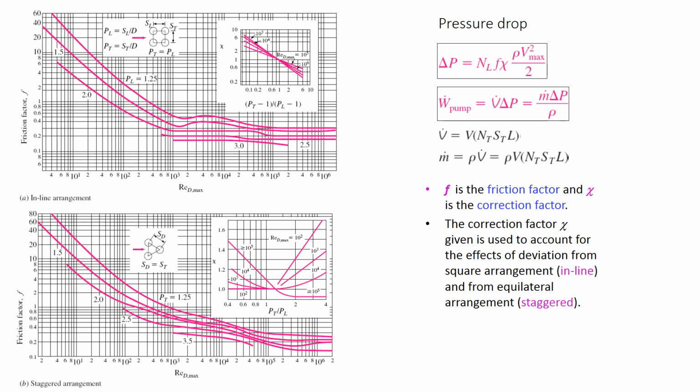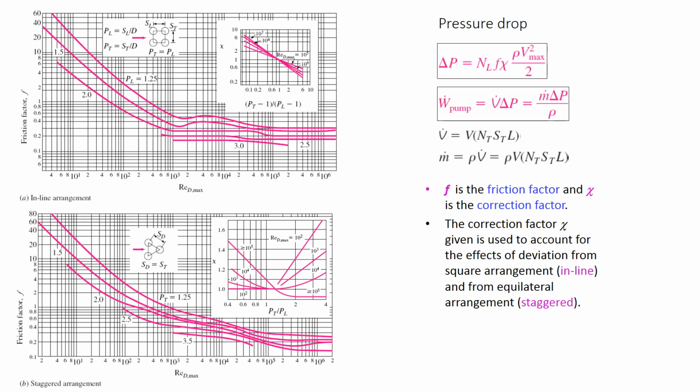As you can see in the inline arrangement, we have this case where S_L is equal to S_T, or the value of P_T is equal to P_L, where P_T is S_T divided by D and P_L is S_L divided by D. If these values are equal, then the correction factor will be equal to 1, and if they have different values, then the correction factor will also be different.